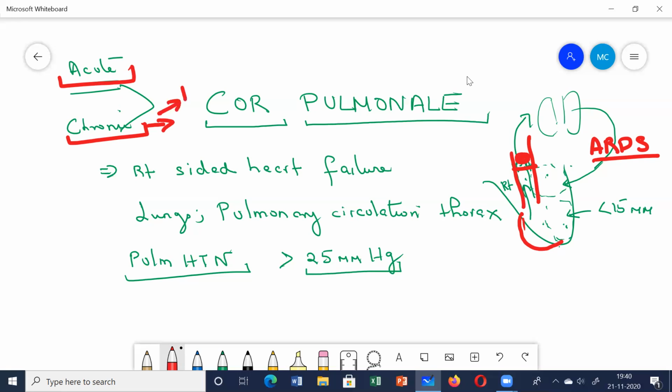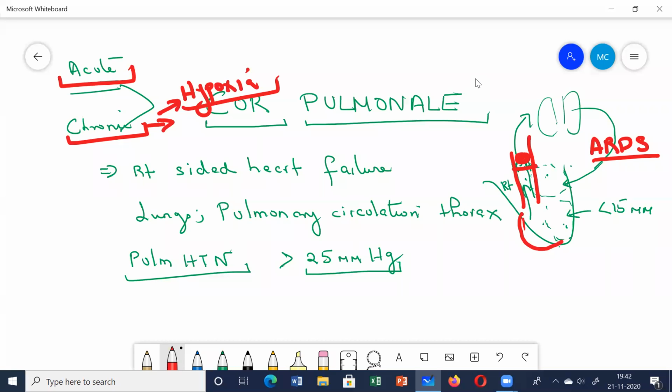Many times, due to hypoxia, there occurs constriction in the pulmonary arteries. Because of this constriction, the heart has to push blood with a greater force into the pulmonary arteries. So this is one of the main reasons.